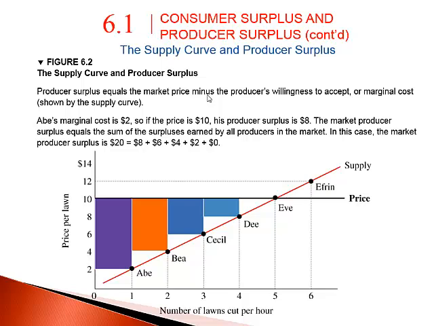So that's where we would see the surplus. Efren here, he is only willing to cut lawns at $12 an hour, and at a price of $10 an hour for the market, he will not get any business. Essentially, he's got to figure out how to cut some of his production costs in order to hit the equilibrium point.